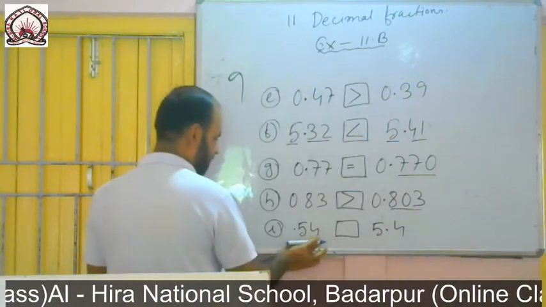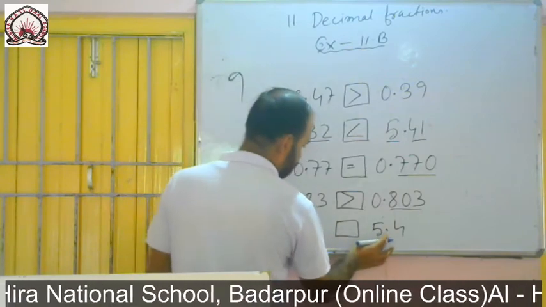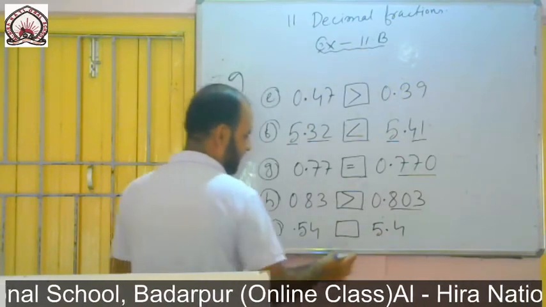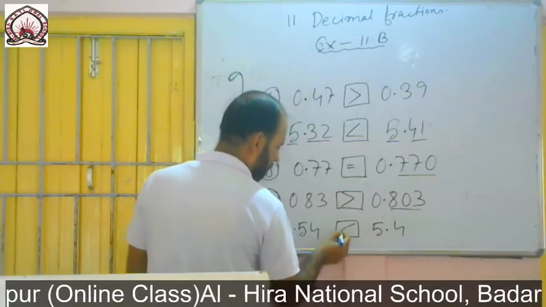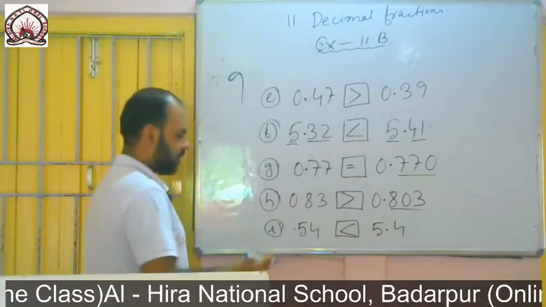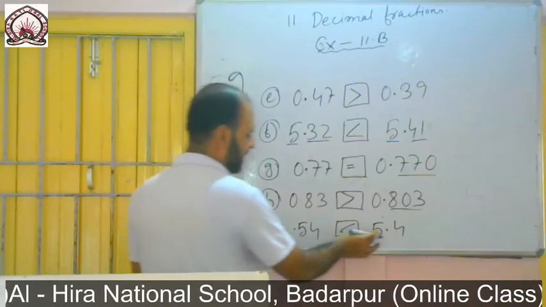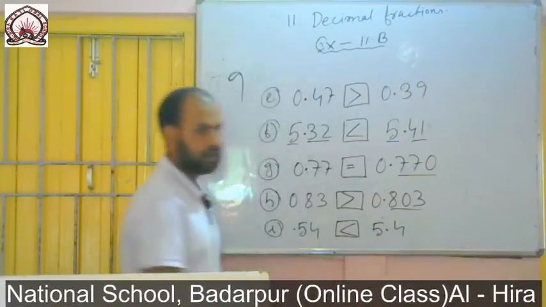This side has an integral part, so this side is bigger. We give less than, so 0.54 is less than 5.4.